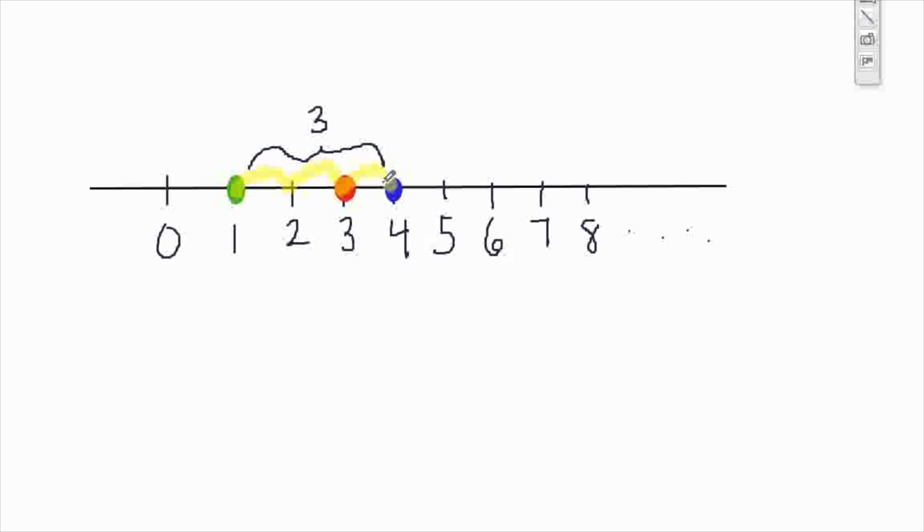Okay? They also will sometimes talk about the ordering of numbers. They'll say one quantity, one number, is bigger than another, or smaller than another number, or equal to a number. Now, one way to think about that using the number line is if a number is bigger, it is farther to the right on the number line.